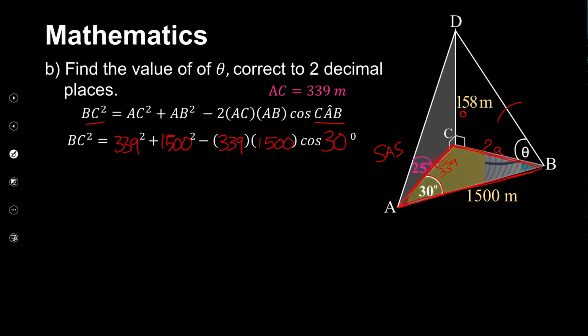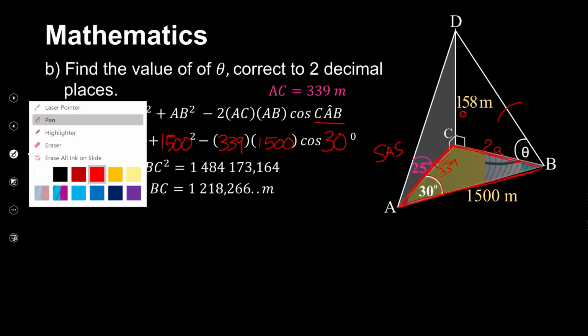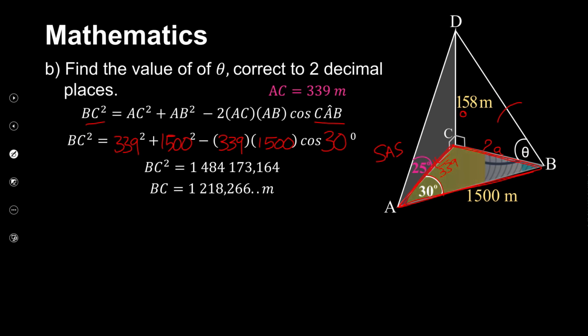So in other words, we're going to find BC squared roughly equals about 1,484,173. And remember again, we're looking for BC, so we're going to find the square root of that. And because the sum is continuing, we're going to keep that in our calculator's memory, because we're going to use that in the next step.